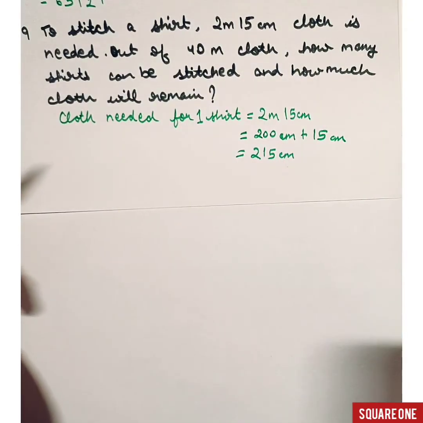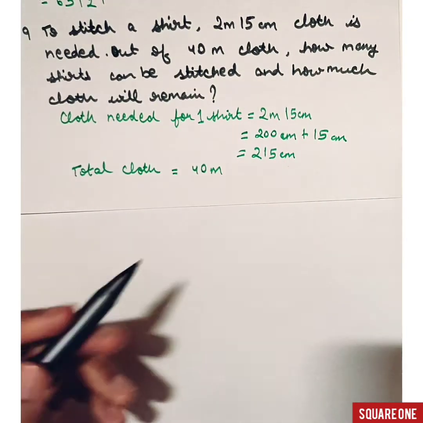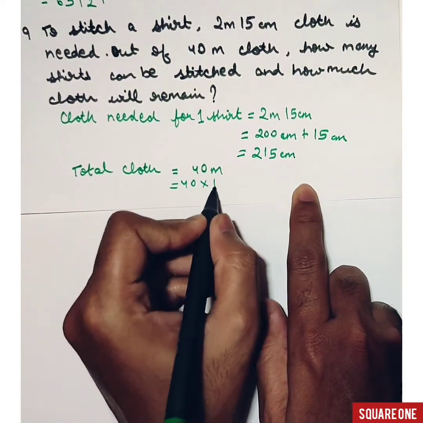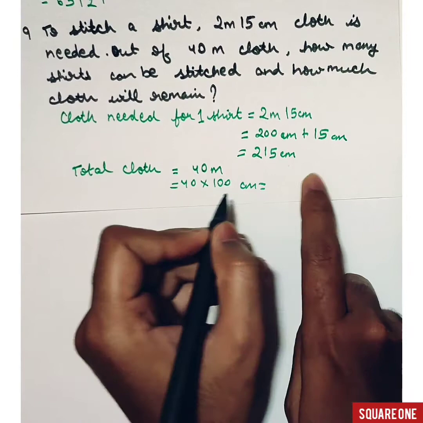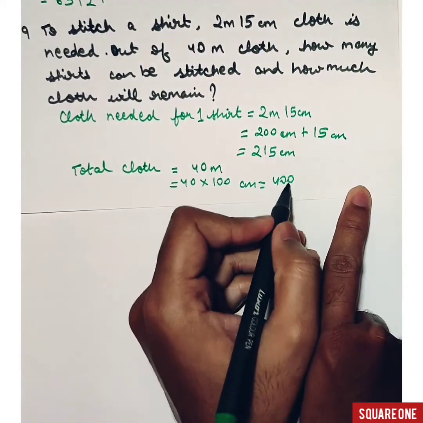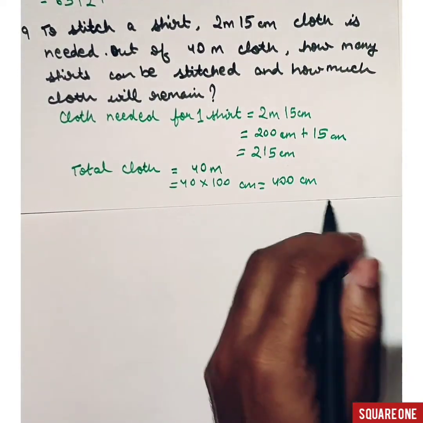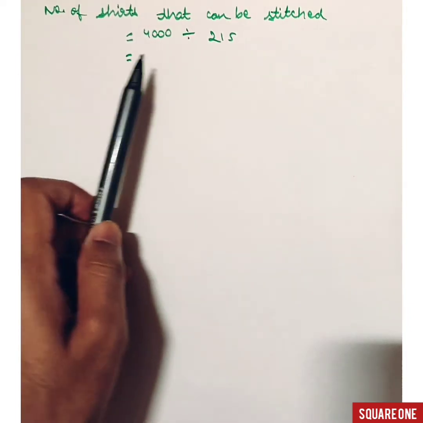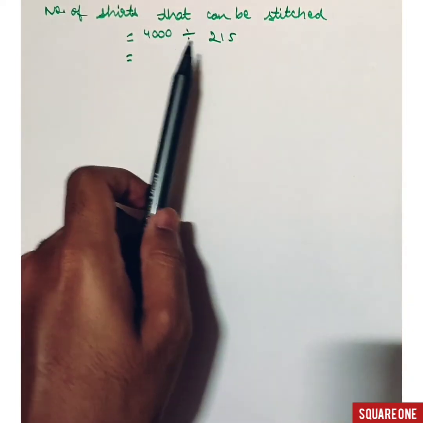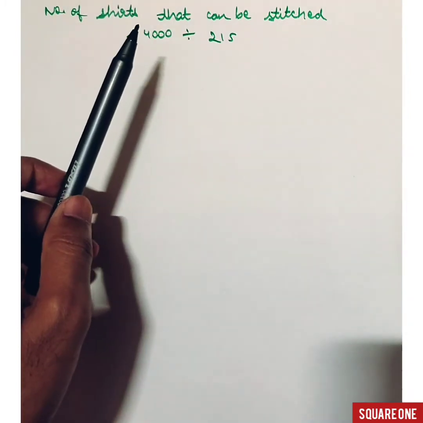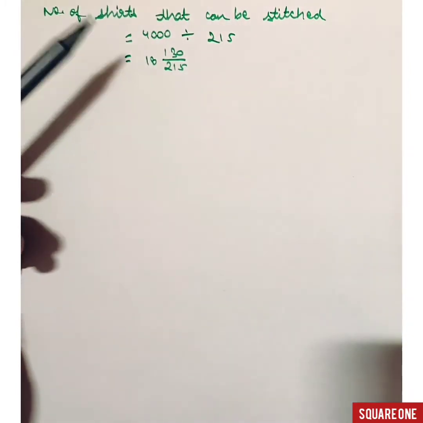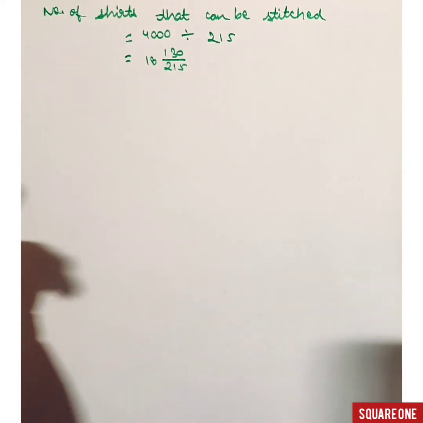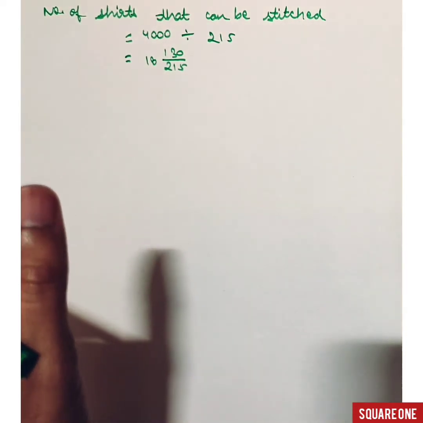The total cloth we have is 40 meters, and 40 meters will be 40 into 100 centimeters, which means 4000 centimeters. So the number of shirts that can be stitched will be 4000 divided by 215. We find this division. Now we have to find out the total number of shirts that can be stitched, that means the complete shirts that can be stitched.